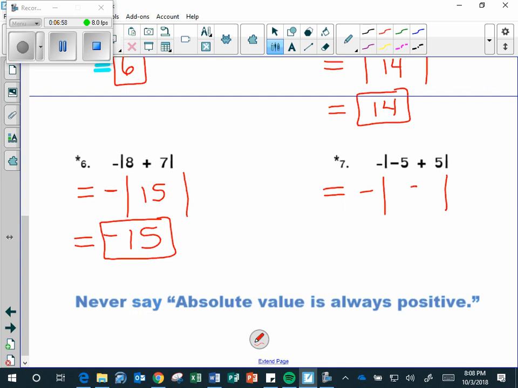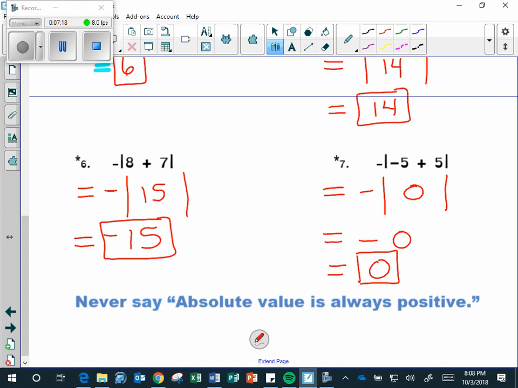You have no dollars, so that's actually 0. So the absolute value of 0 is 0, and then this negative sign, you're just dropping down. Now you wouldn't want to leave your answer like that because the opposite of 0 is just 0.